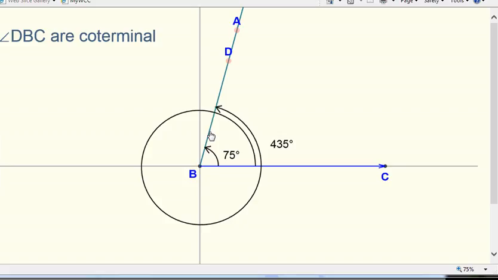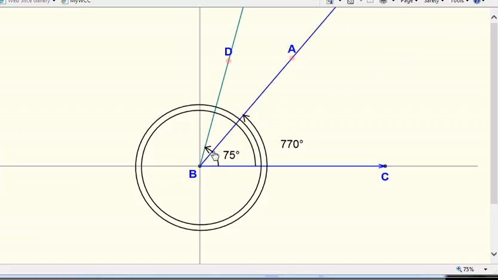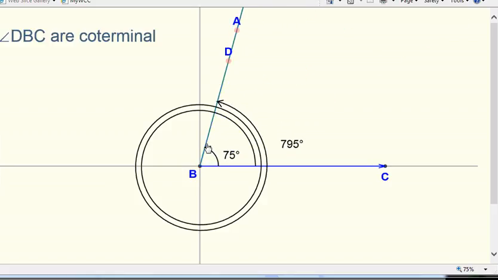So 75 degree and 435 degree are coterminal. Now we should avoid saying they are equal. They are not equal. They are coterminal. One more full rotation, then we would say 75 degree and 795 degree are coterminal.